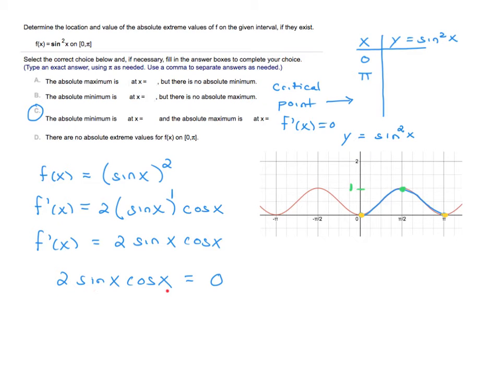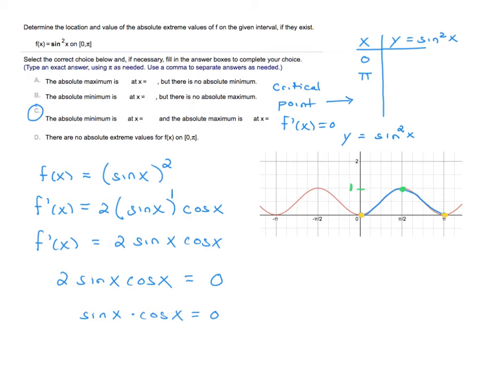There are several ways that you can solve this equation. You can even divide the 2 to the other side and write this as sine x times cosine x equals 0. You could graph this and try to see the x values where it's equal to 0. But if we have these two separate factors, wherever sine of x is equal to 0 and wherever cosine of x is equal to 0 will give us solutions to this equation.